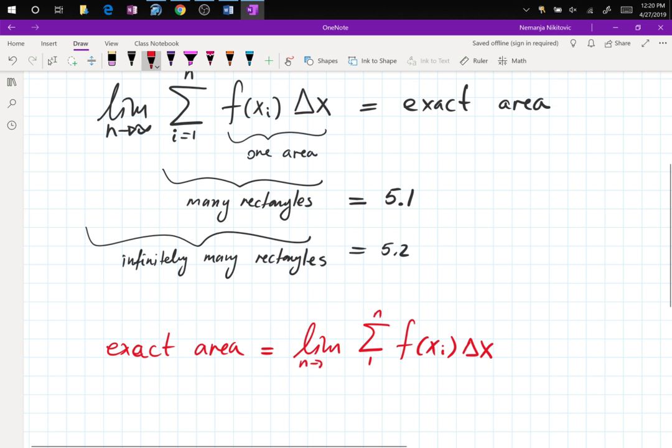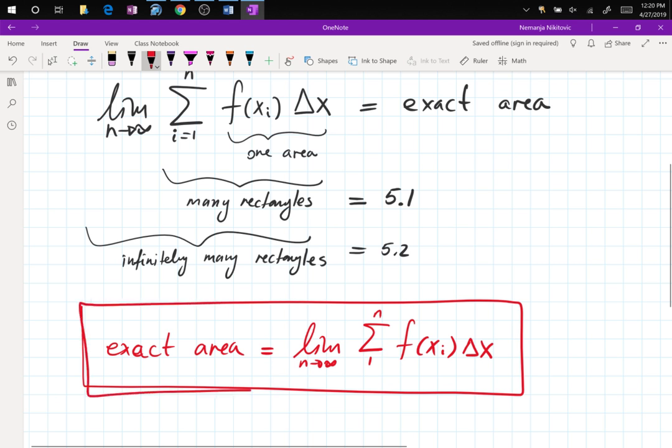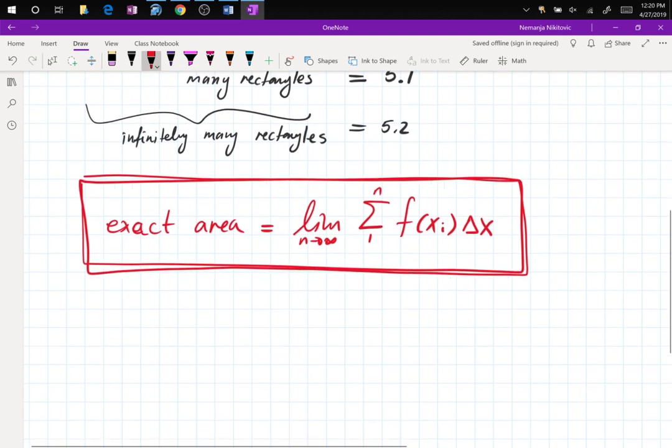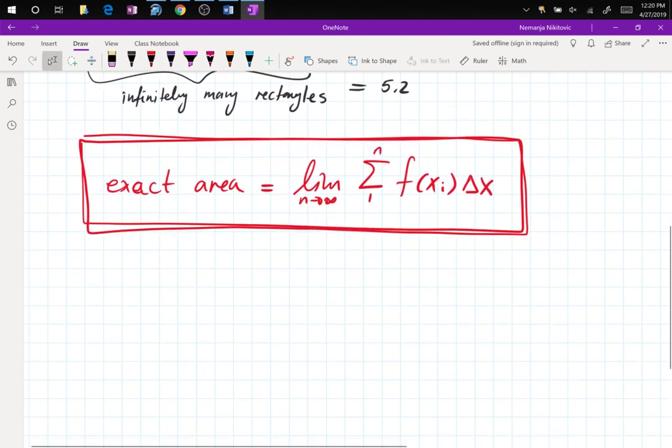This is what is going to give us exact area. Now, before we go there, I need to talk briefly about this symbol, summation, and the properties of summation, because you probably never seen that before.